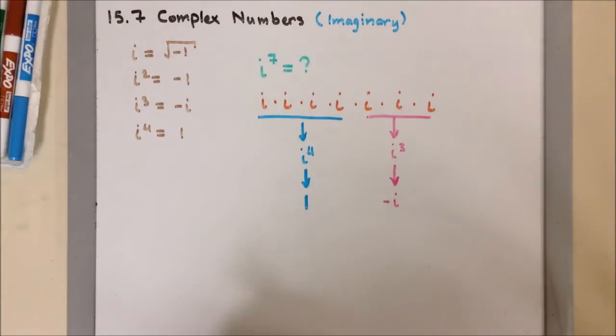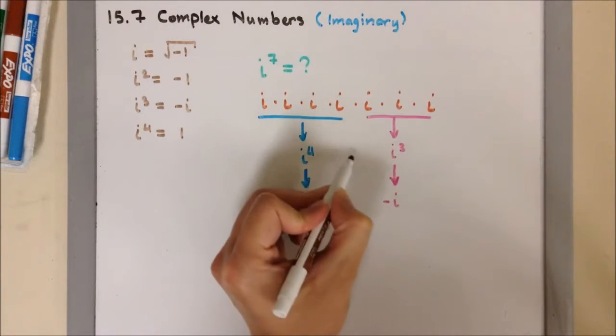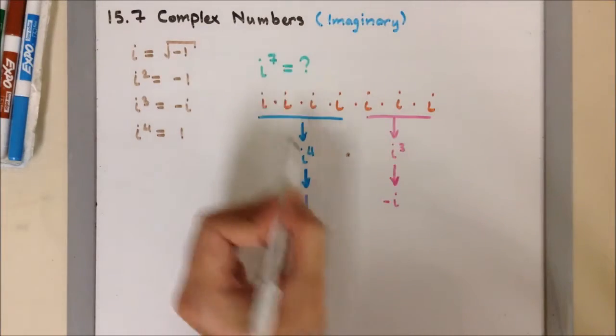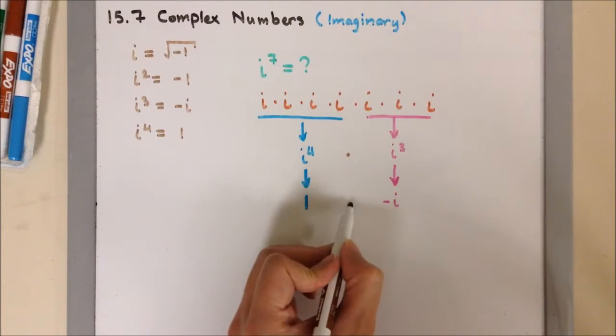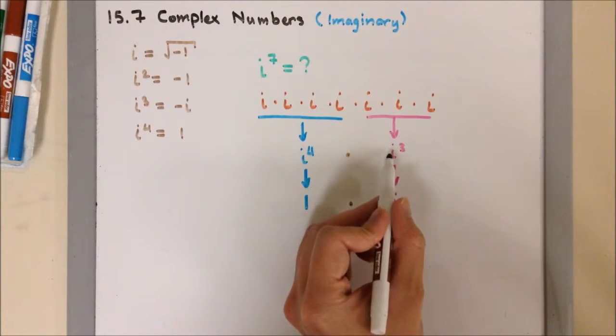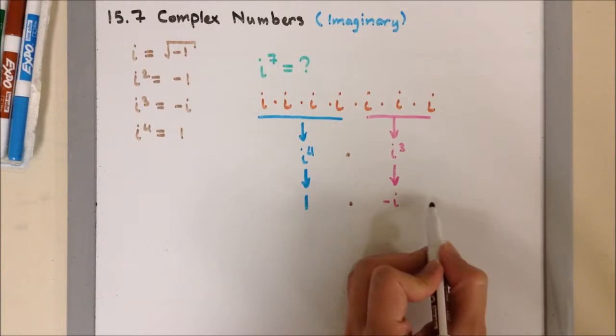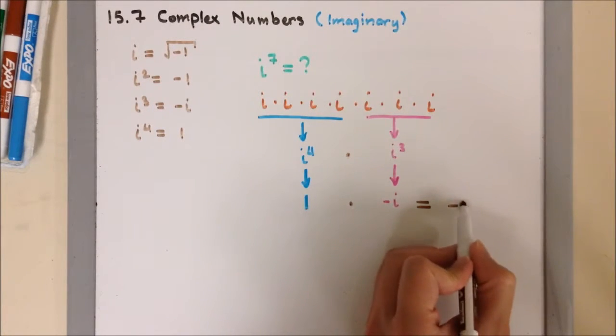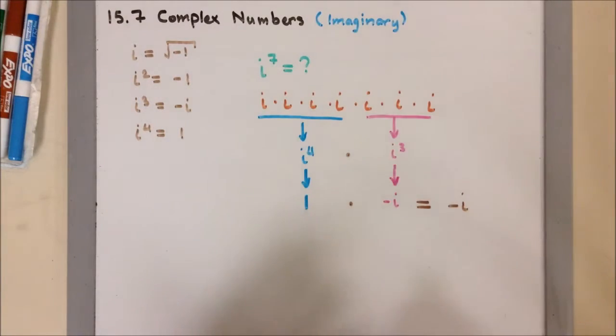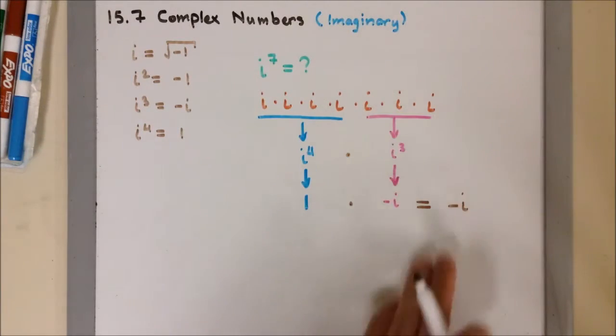So here, basically i to the 4th times i to the 3rd is i to the 7th. And then when you simplify i to the 4th, it's just 1 times i to the 3rd, which is equivalent to -i. So 1 times -i is -i. So i to the 7th is -i.